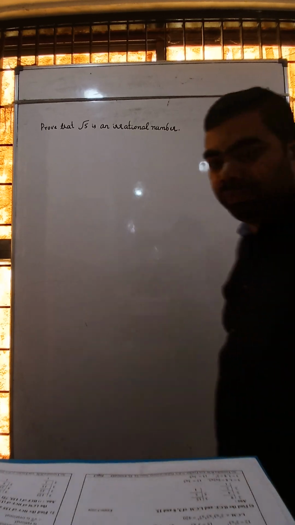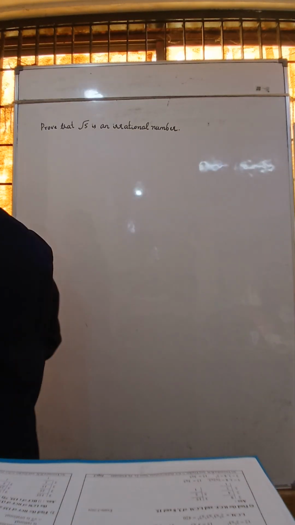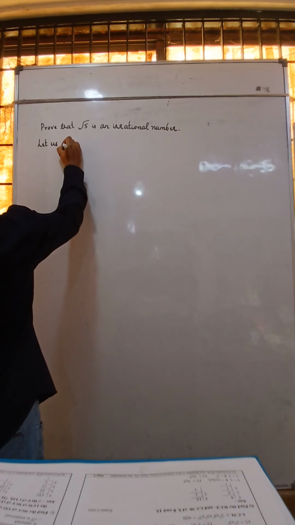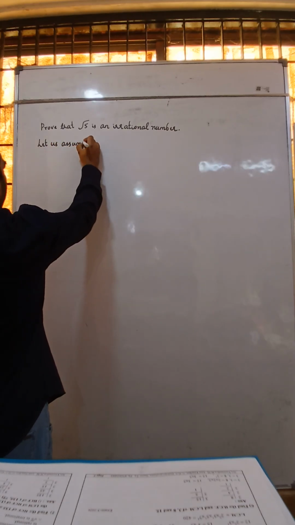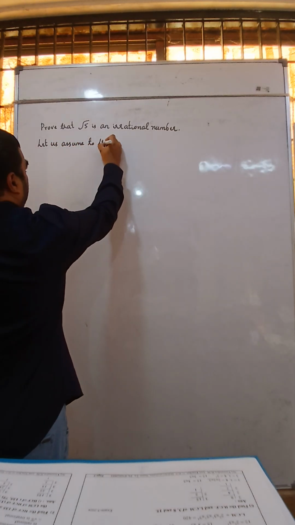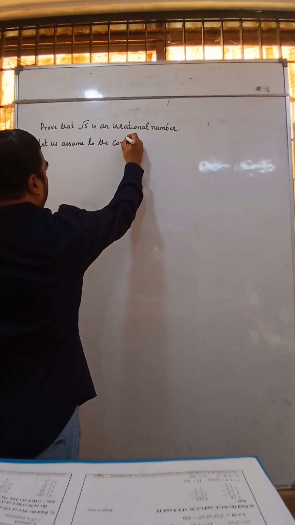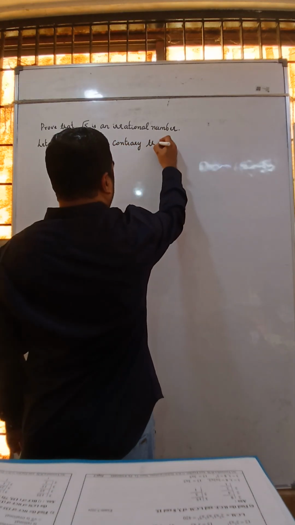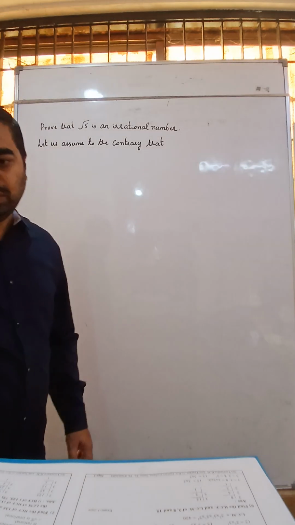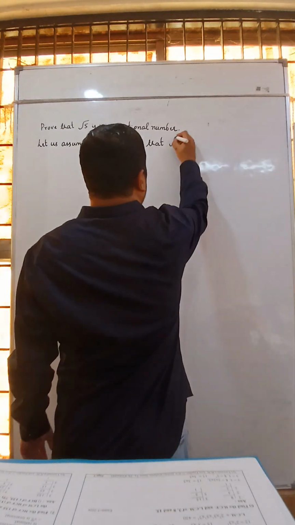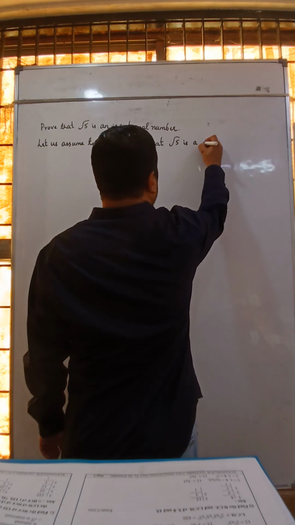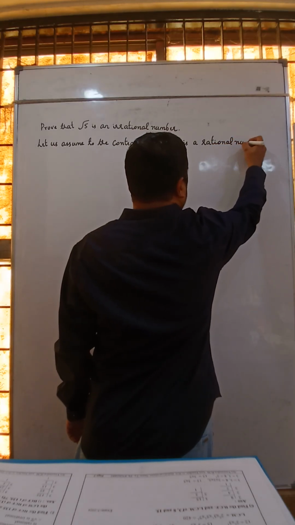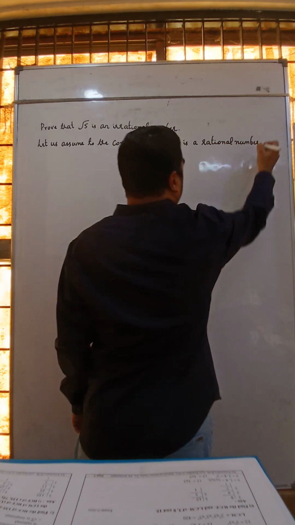Okay, well, so let us assume to the contrary that root 5 is a rational number.